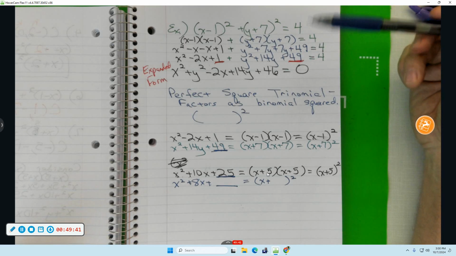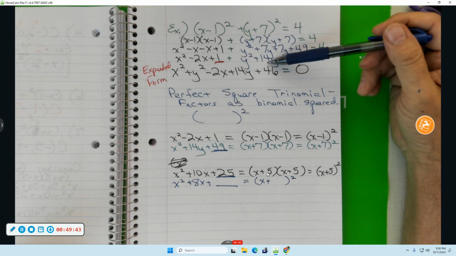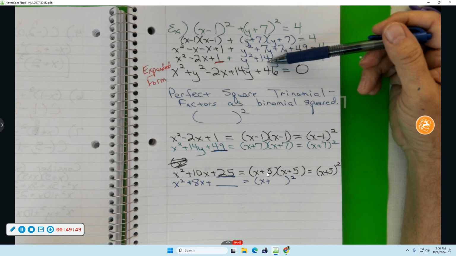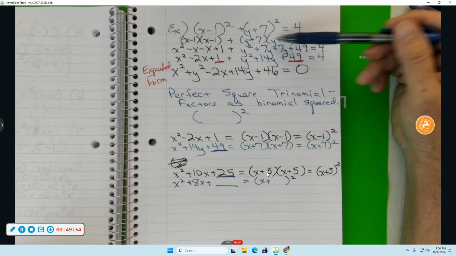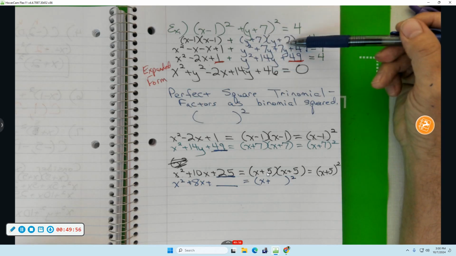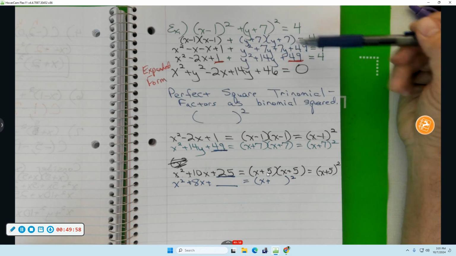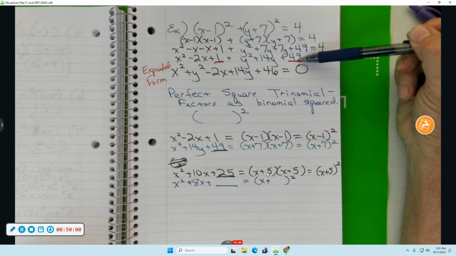What did we do? We had a 14. So if you want to go back to 14, it looks like you took half of 14, 2 7s. You got a 7. And then what do you do to 7 to generate that number 49?